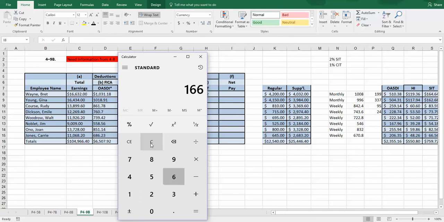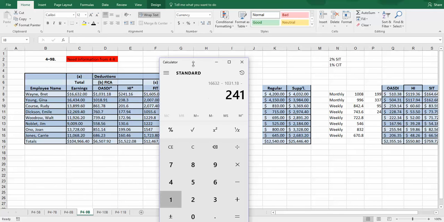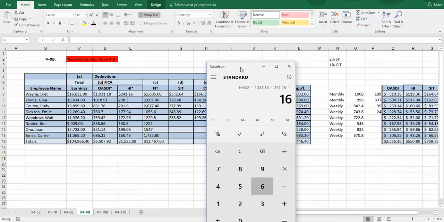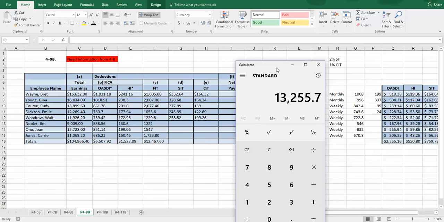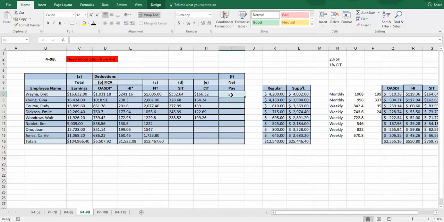So we have $16,632 minus $1,031.18 minus $241.16 minus $1,605 minus $332.64 minus $166.32. So this person's net pay for the quarter would be $13,255.70.